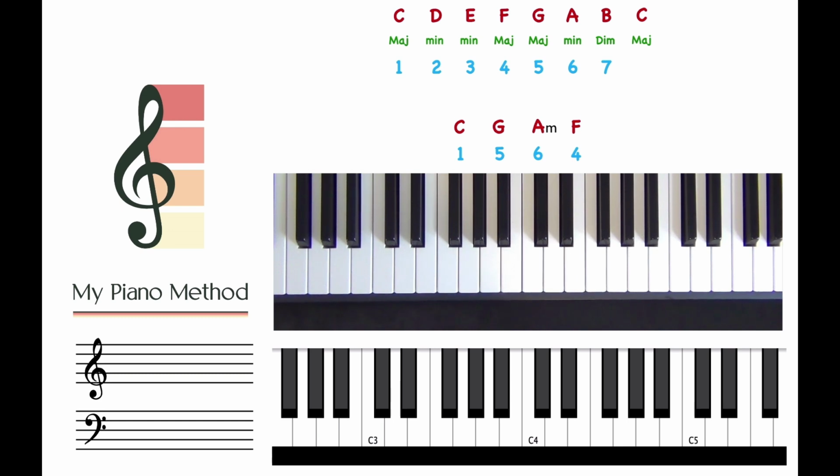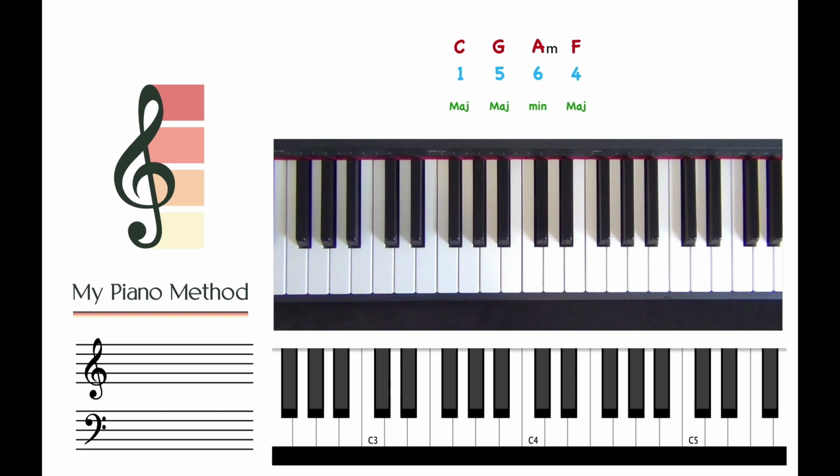And as we've just seen, a 1 is a major, a 5 is a major, a 6 is a minor, and a 4 is a major. So this is a chord progression, 1, 5, 6, 4, and it's a very, very famous chord progression.